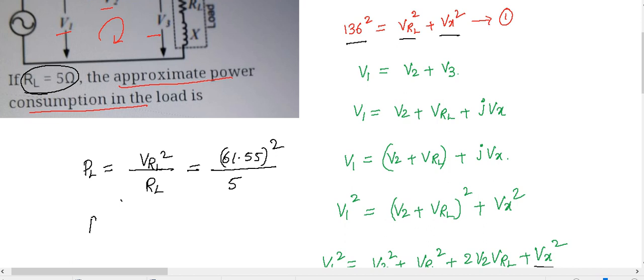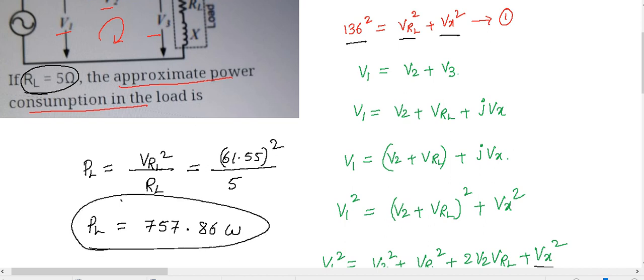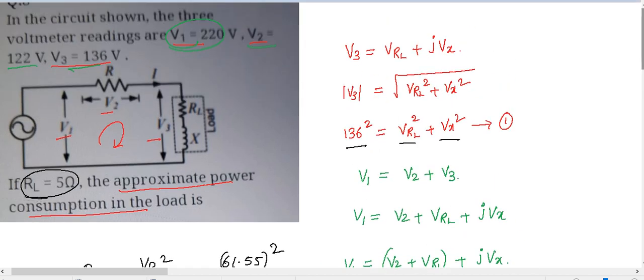The load power is 757.86 watts. So finally, this is the power across the given load.